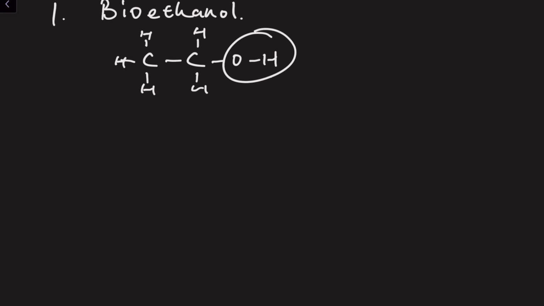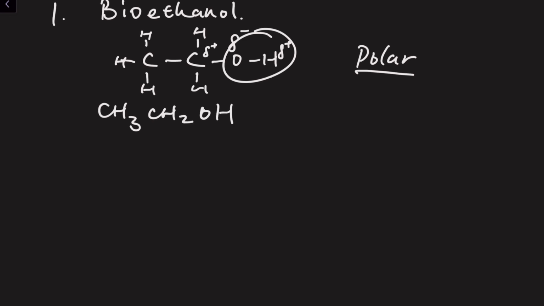And because, as we know, oxygen is very electronegative, bioethanol is a polar molecule. Usually when we write the chemical formula of bioethanol, we write it something like this, so we know exactly which functional group is present.